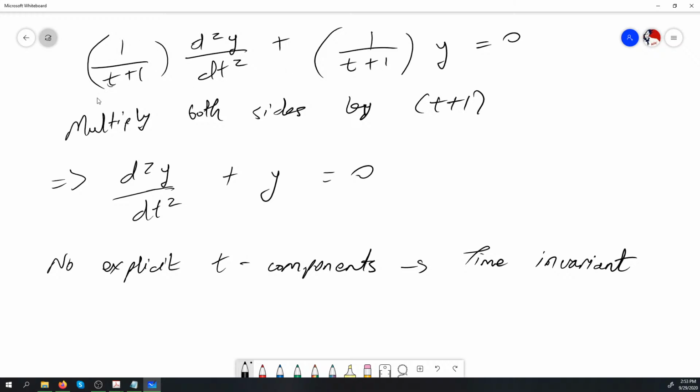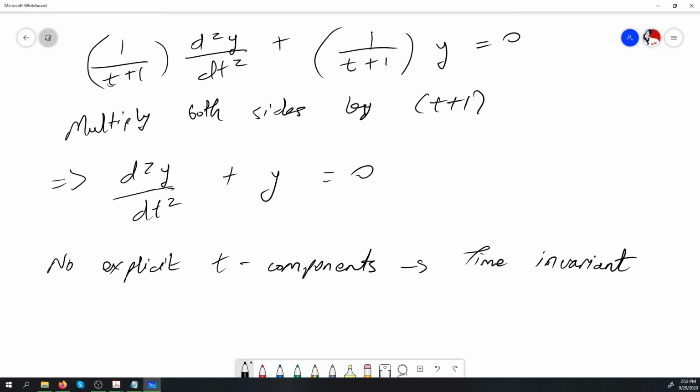As such, we get rid of those t plus 1 components entirely. Because there's no explicit t multiplied by any one of these components, the entire system is going to be time invariant. Or once there's an explicit t multiplied by any one of these components within the system equation, the entire equation becomes time variant accordingly.